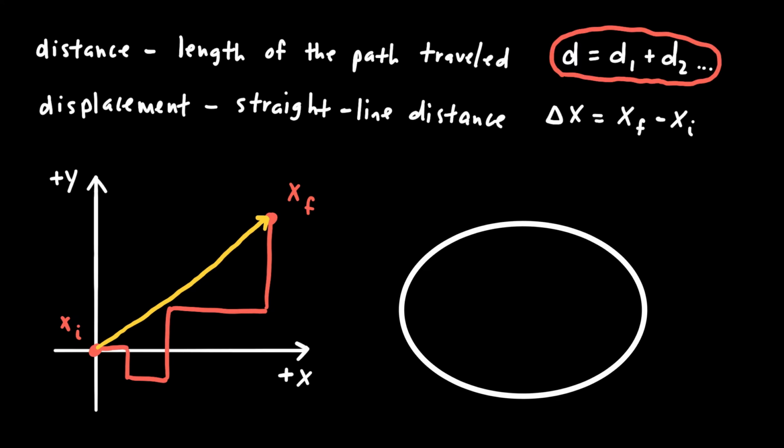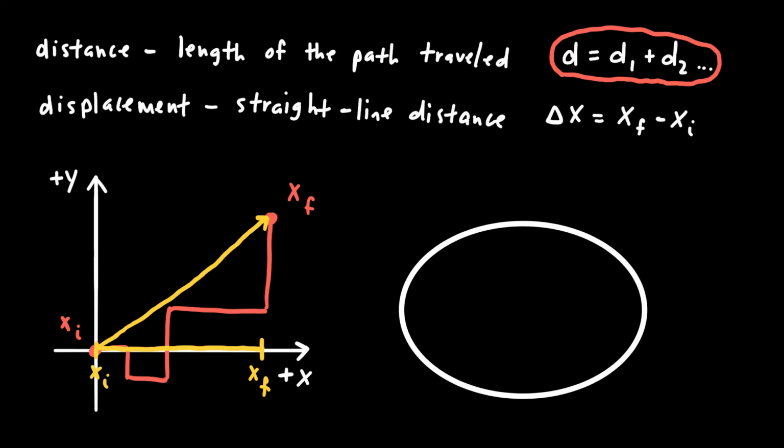But in any one dimension, in any one direction, the displacement can be found by just subtracting the final position minus the initial position. So if I wanted to find my displacement in the x direction, I would just use whatever this final x position is and my initial x position and subtract. So final minus initial to find the displacement in the x direction.